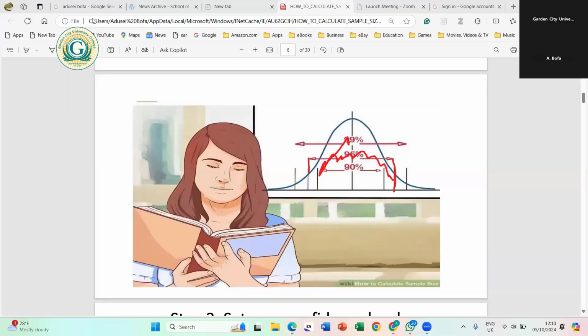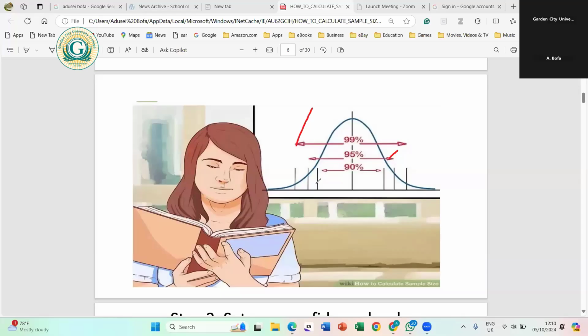As it decreases, you see that we are only capturing a lesser part of the population. And so that is why it's advisable when you are doing health-related research. Some people are always asking you to go for either 99 or 95%.